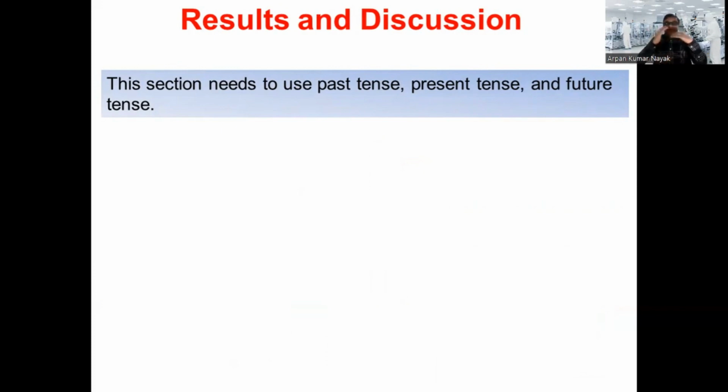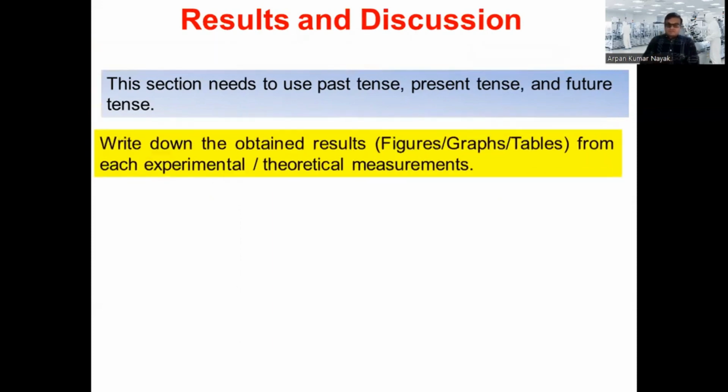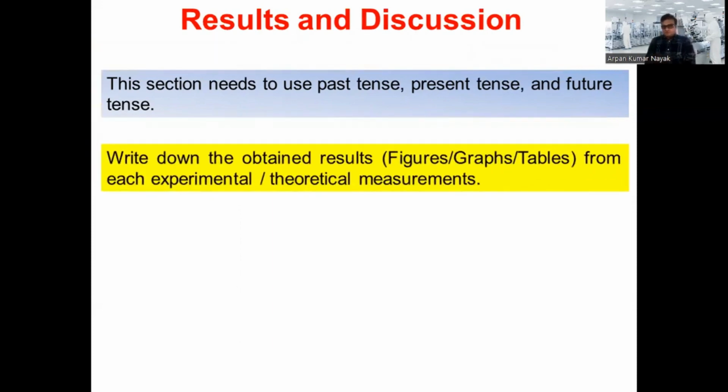Not a particular tense is used for a particular part, so all the tenses will be used. I will tell you now where we will use which tense. Now, as I mentioned, we will start writing the results and discussion section.